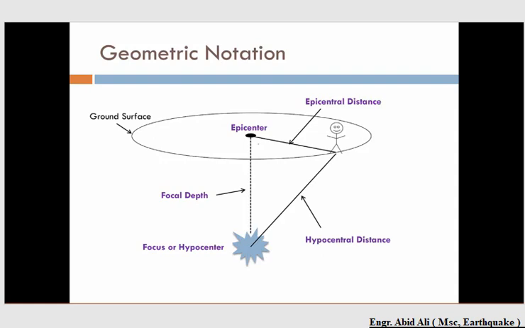You understand from the previous lecture the seismic moment: if you knew the geometry of the fault, how much it slipped, and the shear strength of the rock, you could compute it.